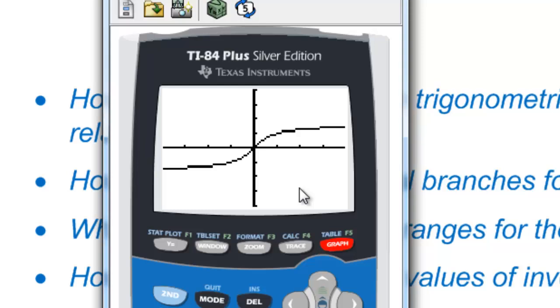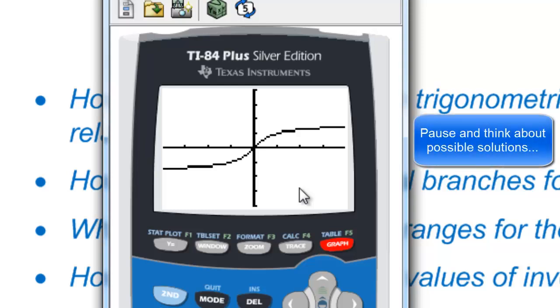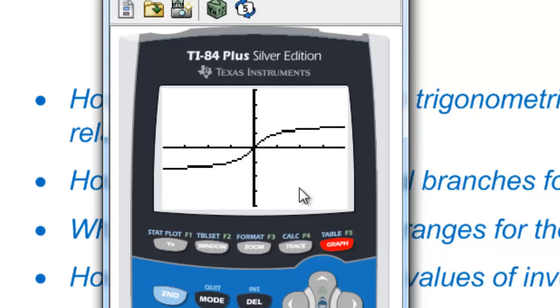But if I truly want to plot the inverse relation, I want to see all those additional branches. How can I do that? Well, if we remember earlier in the year, we learned that we could plot the inverse relation graph of a function by using parametric equations. So that's what I'm going to do.